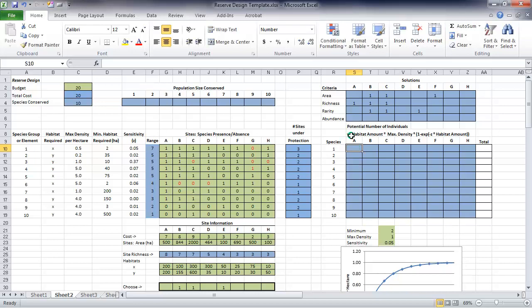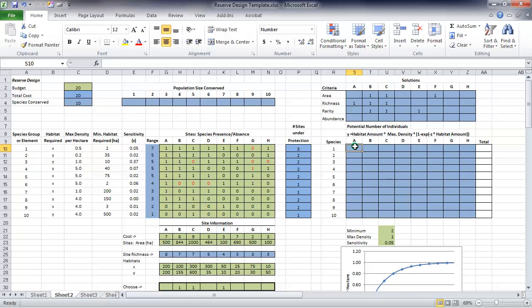The number of individuals we expect is going to be the amount of habitat times the density, right? And the density, though, is going to be tempered by this function that controls the density as a function of the z-score and the habitat amount. So let's enter these in.